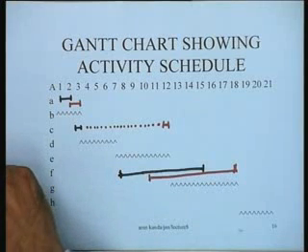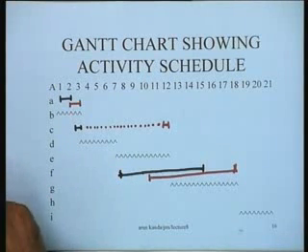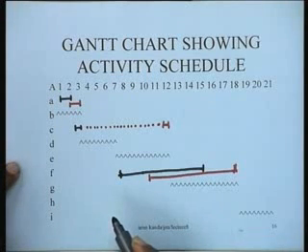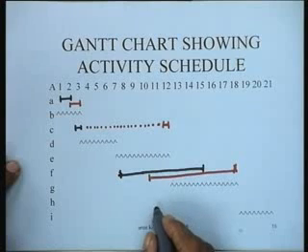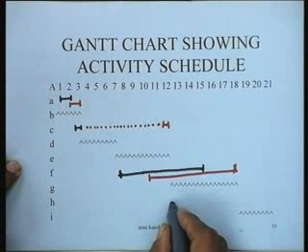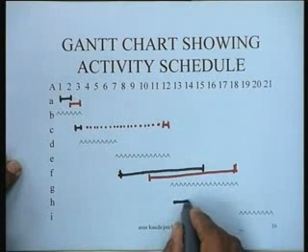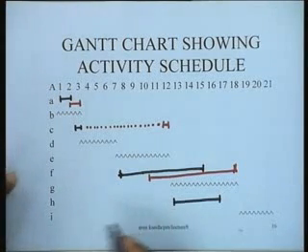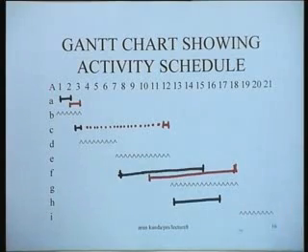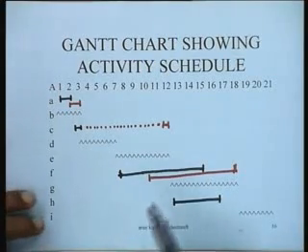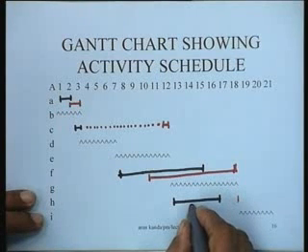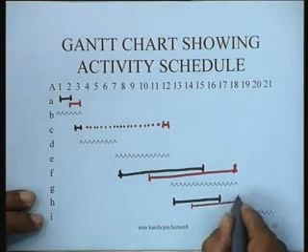Similarly, if we look at activity H, it can be done from period 12 to 16. That's the early start schedule for this particular activity, or the late start schedule can be going on up to period 18 and from here, something like this.